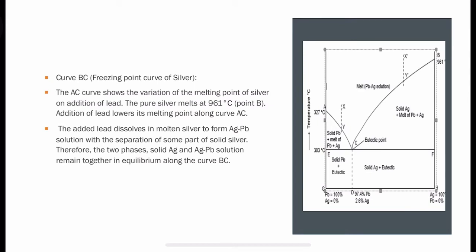Silver melts at 961 degrees Celsius at point B. Now we gradually add lead, which lowers its melting point along curve CB. The added lead dissolves in the molten silver to form an Ag and Pb solution, with the separation of some solid silver. Therefore, the two phases, solid silver and molten solution, remain together in equilibrium along curve CB.